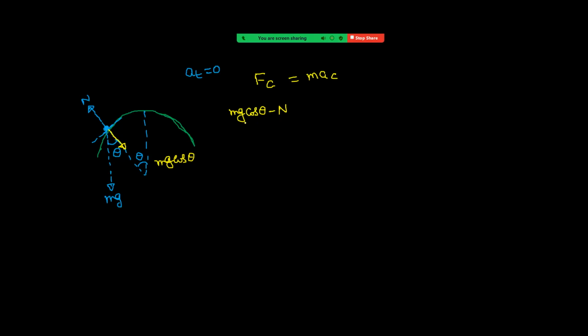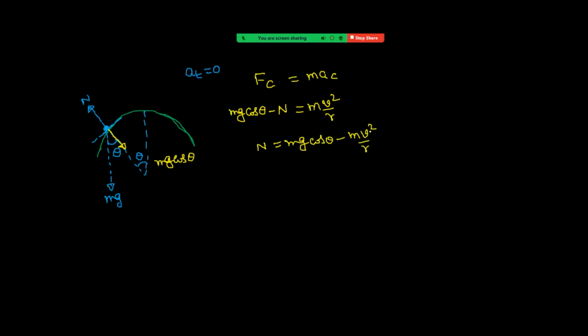I am repeating, this is the net force towards the center, and this is equal to mass into centripetal acceleration, that is v square by r. So from this we can write the normal reaction N equals mg cos theta minus mv square by r.